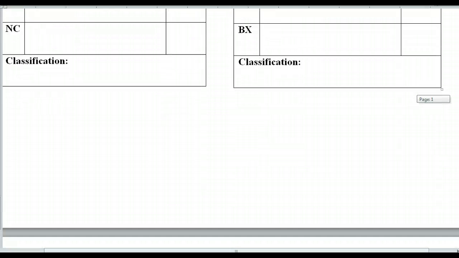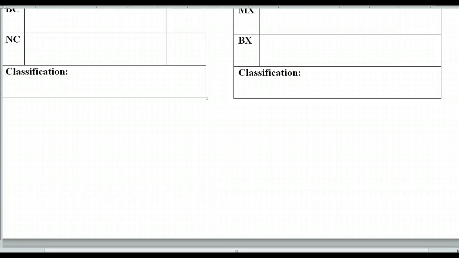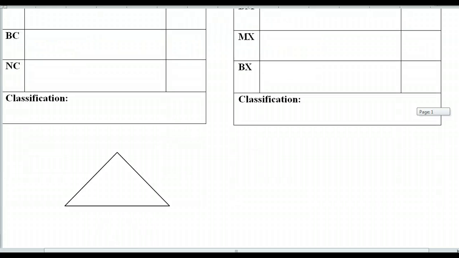I think it might help you guys if I draw sort of a diagram. So here's some random triangle. Maybe I should have made it more random, but anyway, we don't know if this is equilateral or isosceles or scalene yet. All we know is we've got triangle NBC.